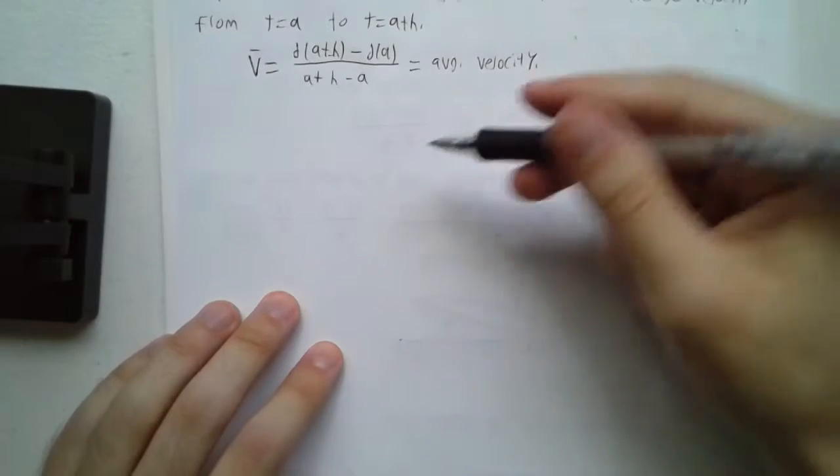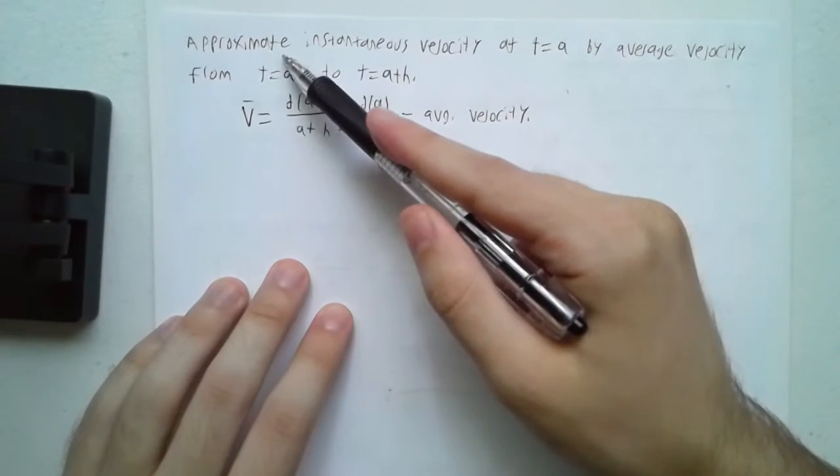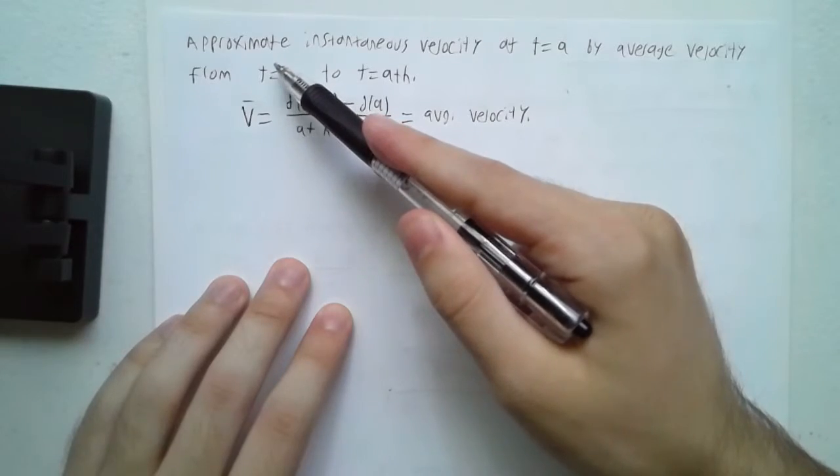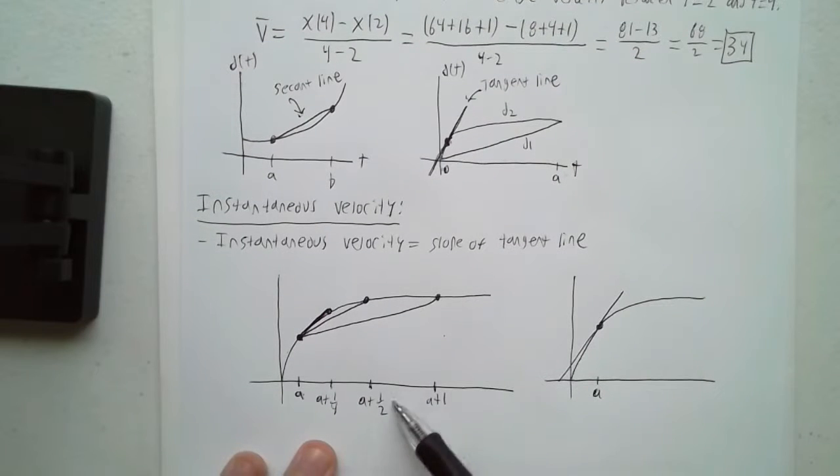So I said this is an approximation. How can we get a better approximation? Well, if we look back at our graph, we did this by moving the point a plus h closer and closer to a. So we let the number h that we were adding to a get smaller and smaller. We can represent that mathematically with the notion of a limit.